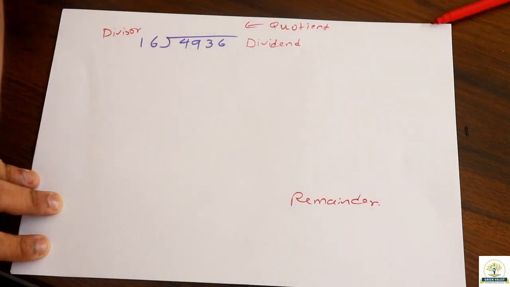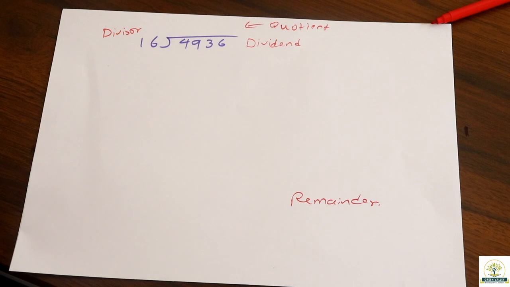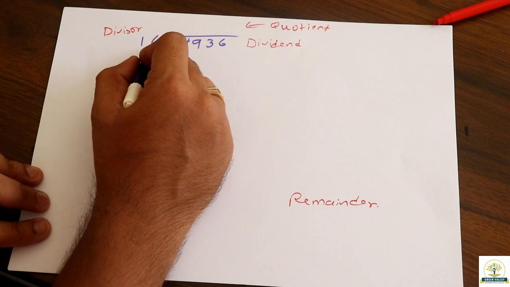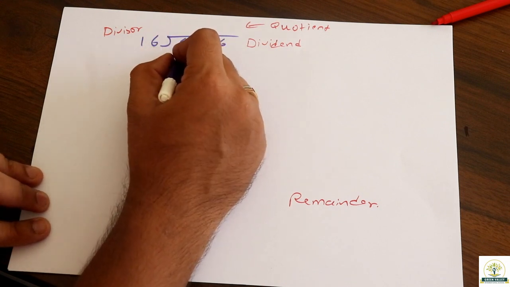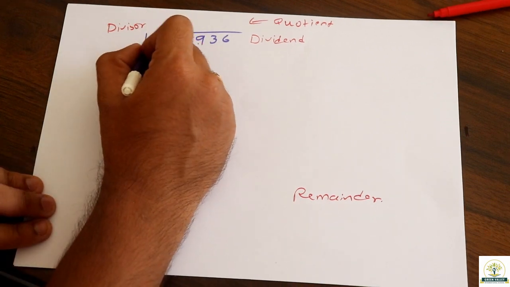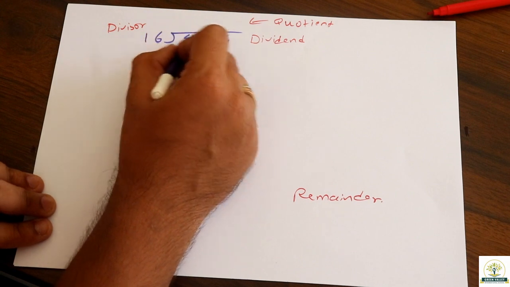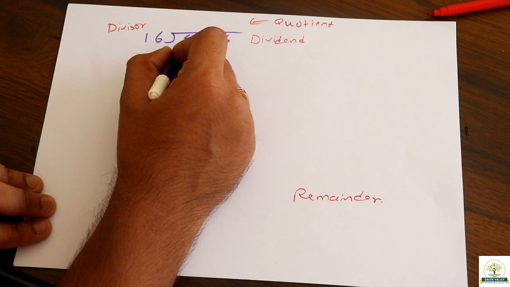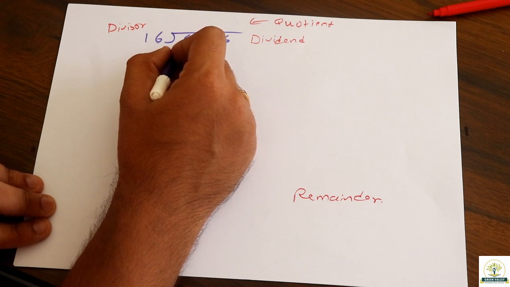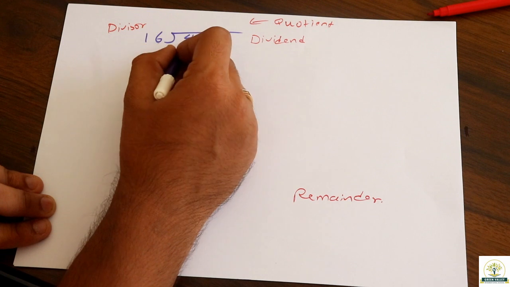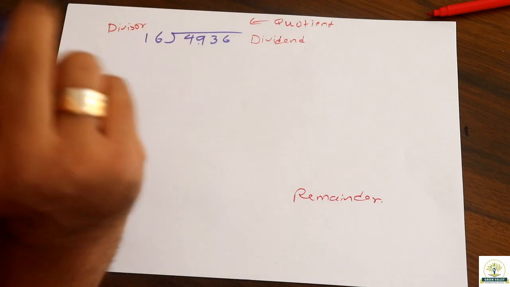Okay, now let us try. 16 and there is 4936. What I have to do is, 16 is a 2-digit number, so I have to select the first 2 digits. If it was a 1-digit number, I would check the first digit first, and if it is greater than the first digit, then I would jump to 2 digits.